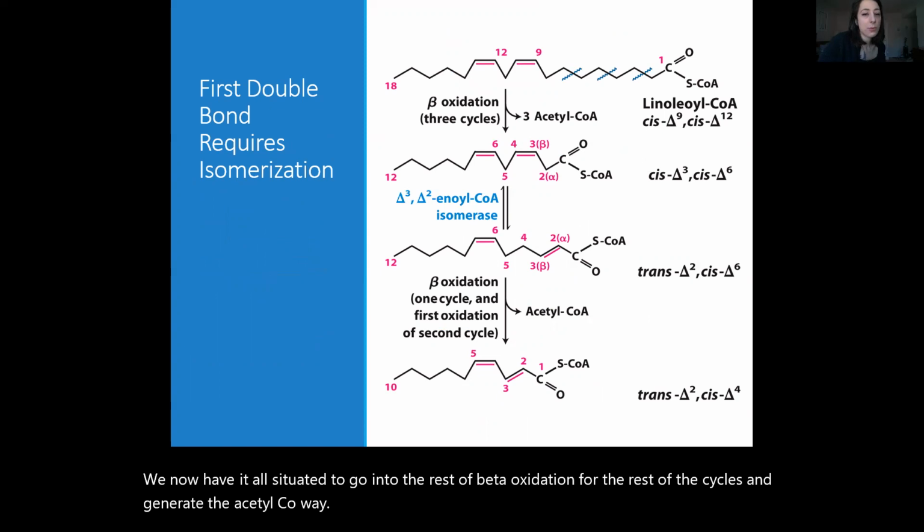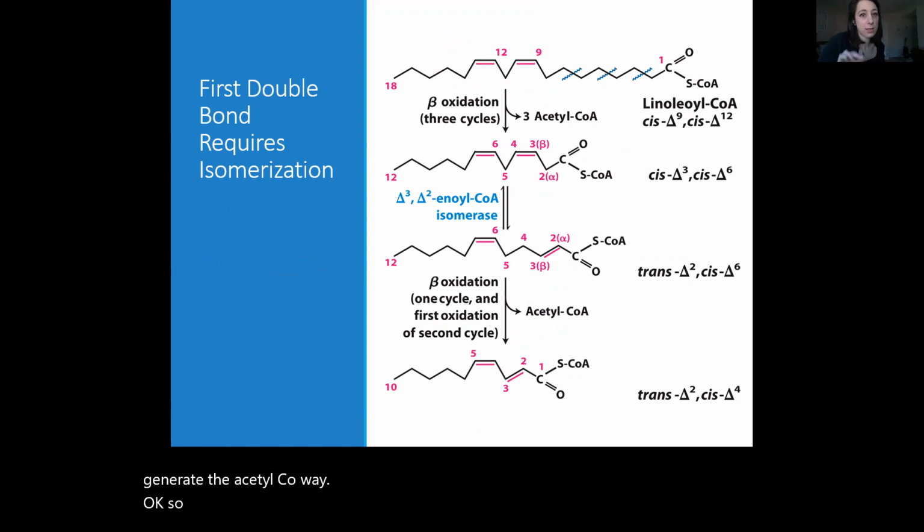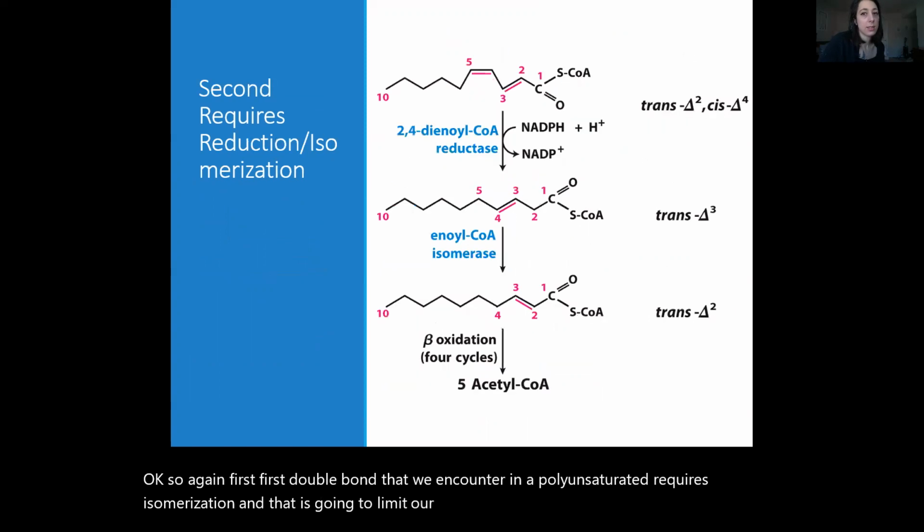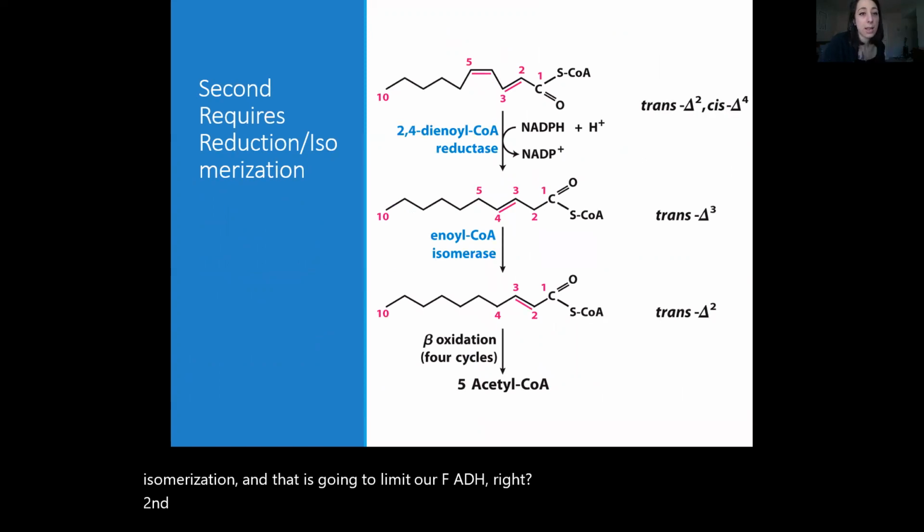Okay, so again, the first double bond that we encounter in a polyunsaturated fat requires isomerization, and that is going to limit our FADH2, right? The second requires reduction plus isomerization, which instead just uses an NADPH.